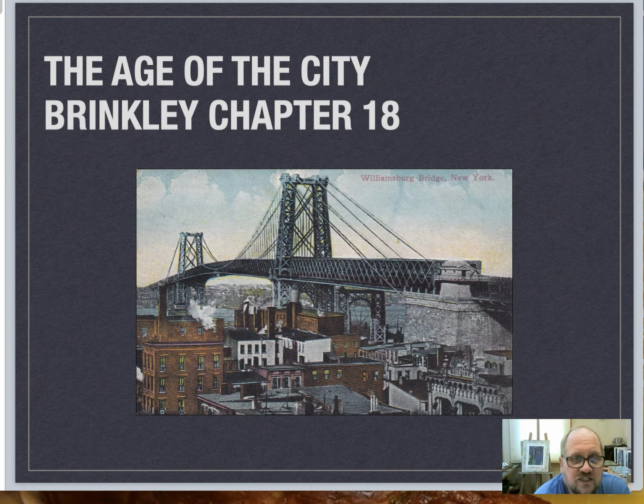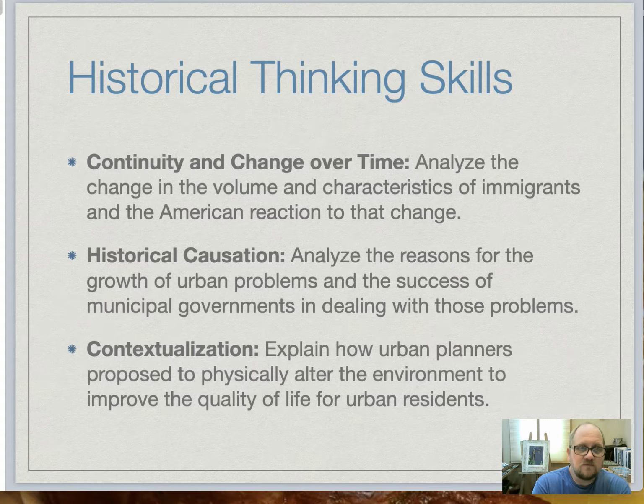Okay, so this Age of the City, Brinkley chapter 18. Here are some of the key historical skills. Again, we're looking at continuity and change over time. We're looking at how basically the immigrants will increase in volume and change the American culture. We have historical causation, which analyzes the reasons for growth of urban problems and successes of municipal governments dealing with the problems.